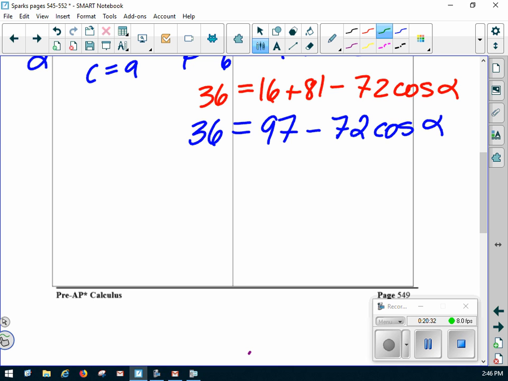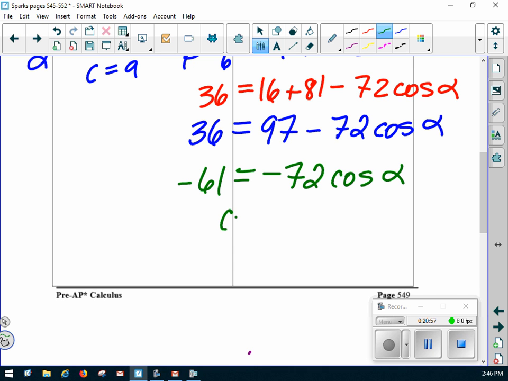Subtract 97 from both sides. There you go. And if I'm not mistaken, I think that's negative 61. No, you check. You with me? How do I get cosine alpha by itself?